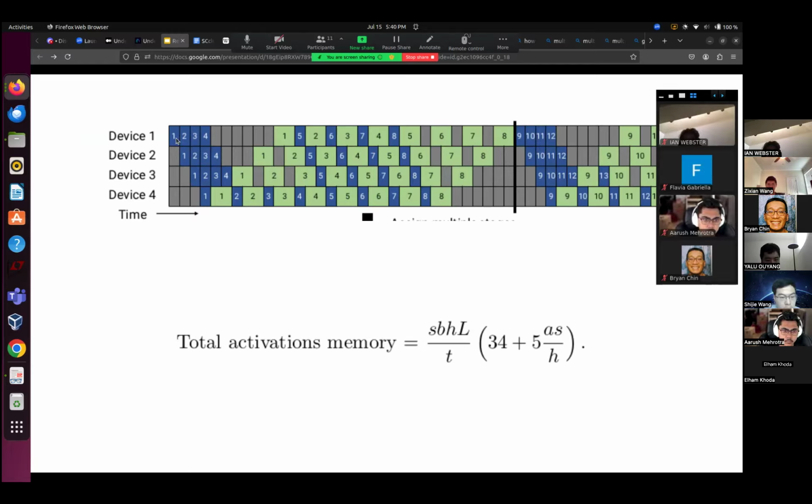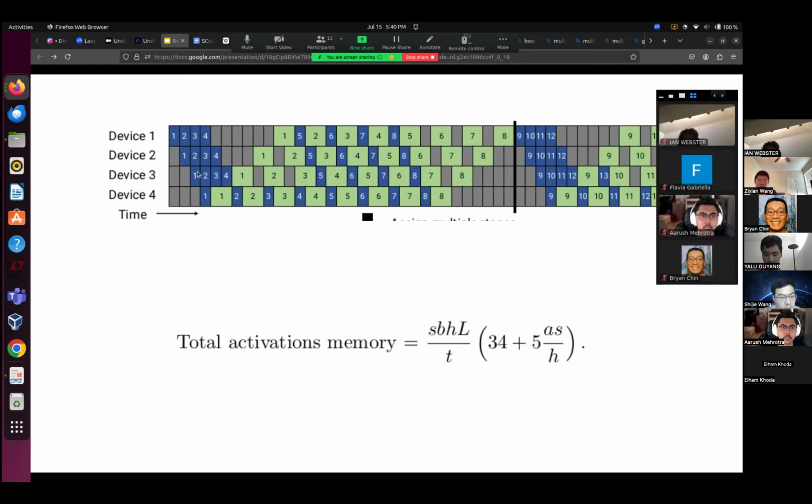Micro batch 1 goes through device 1, which runs the first several layers and communicates its output to device 2, which also runs several layers, and then it goes through device 3 and device 4, completing the inferencing.